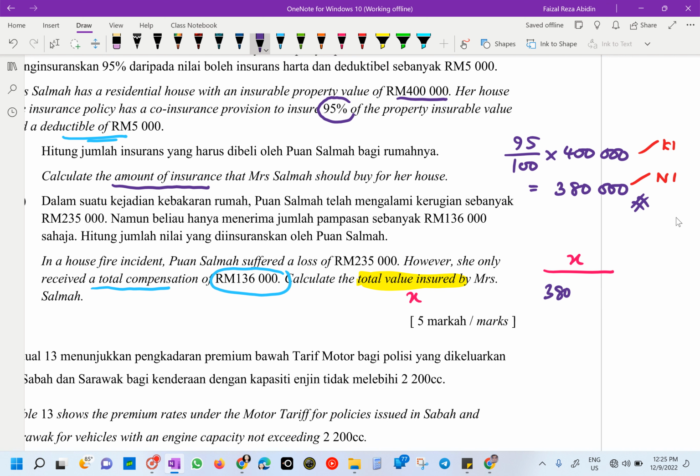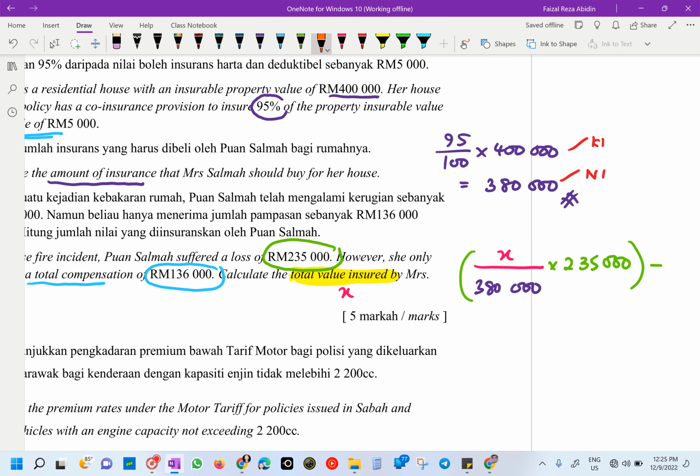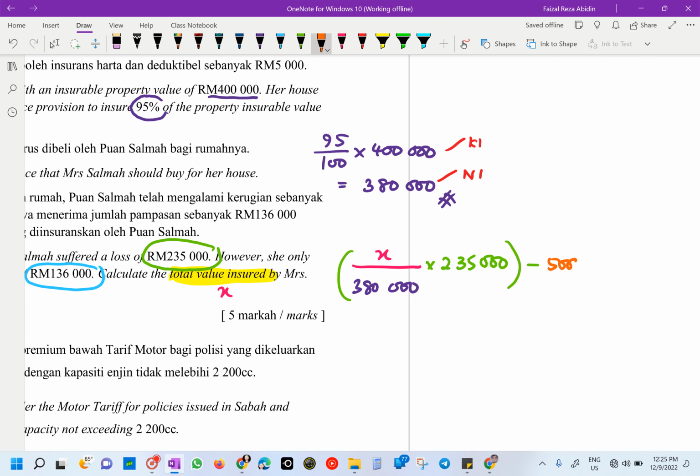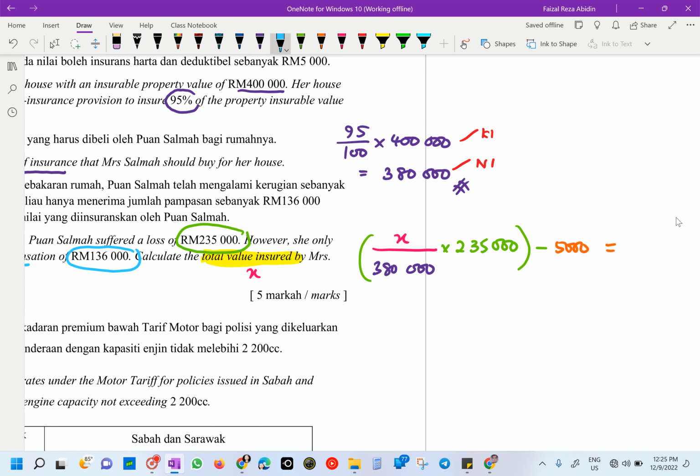Am I right? This one we are going to times with the loss, which is 235,000. And all the amount here, we are going to minus our deductible. Deductible is 5,000, isn't it? Yes. So you are going to have the compensation of 136,000. It's a little bit of calculation over here.